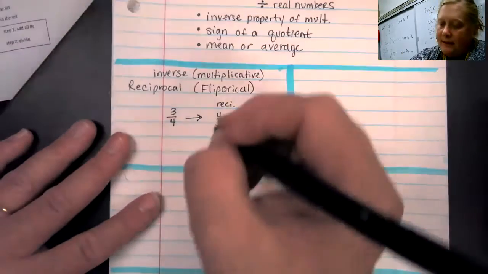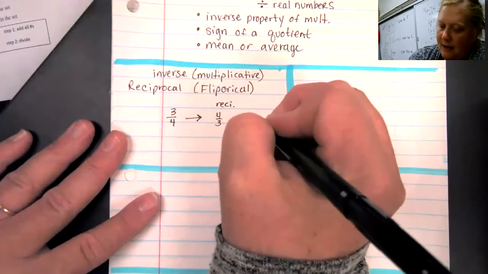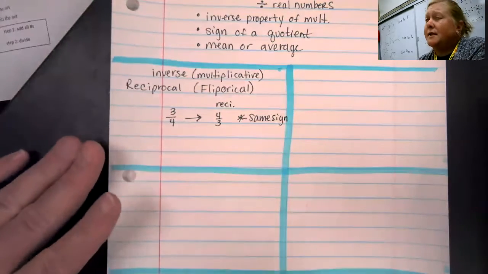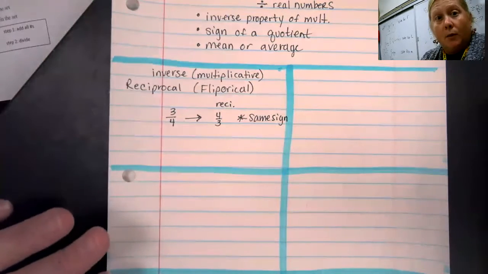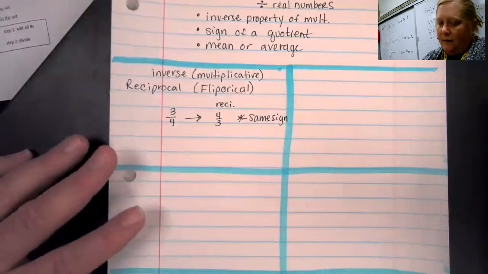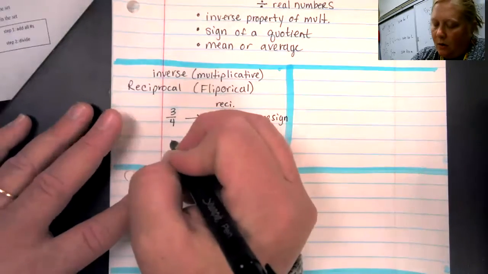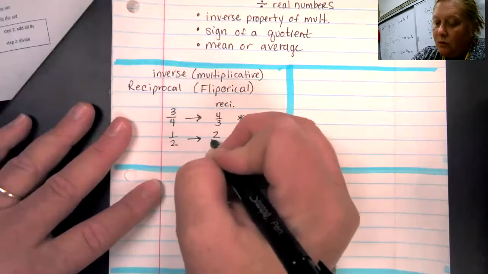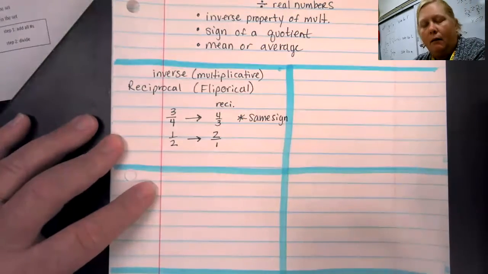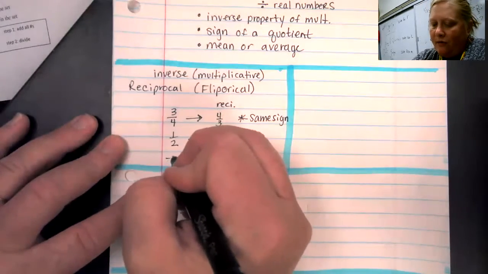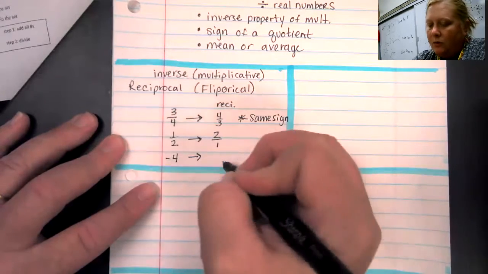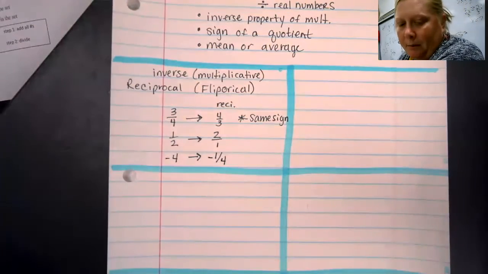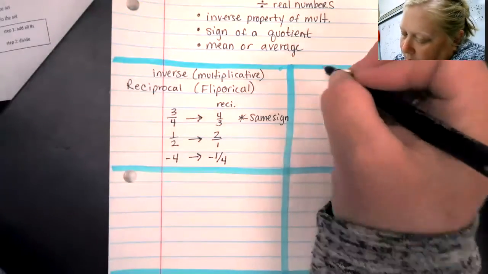Notice, same sign. We're not flipping the sign, because the additive inverse is a little bit different. This is the multiplicative inverse. So how about 1/2 would go to 2/1? And what about a -4 would go to, you've got it, -1/4.